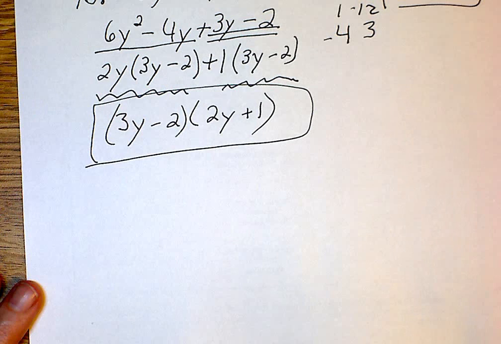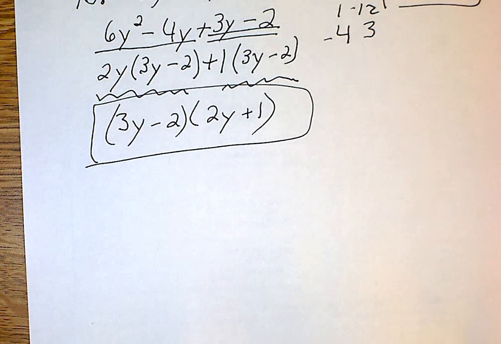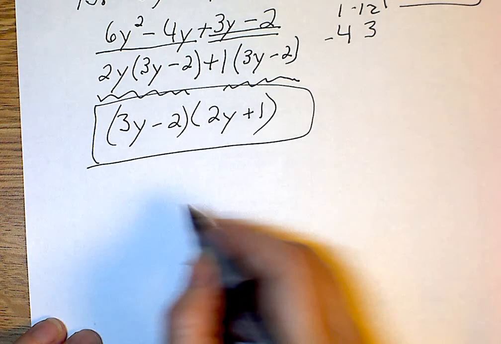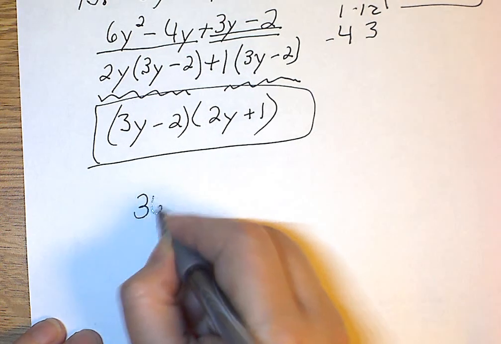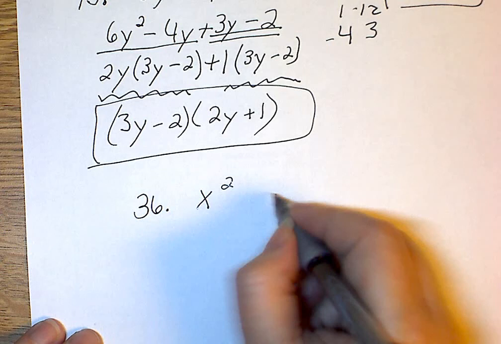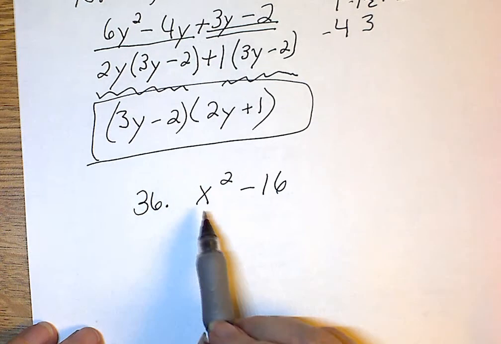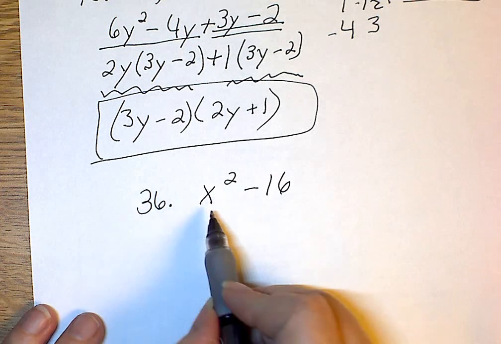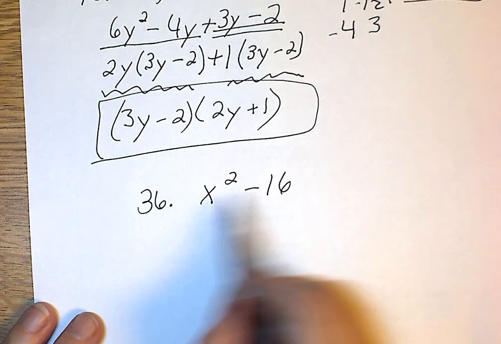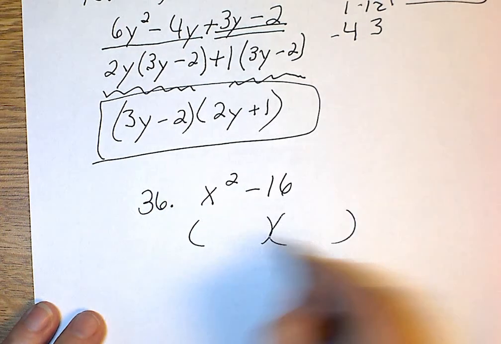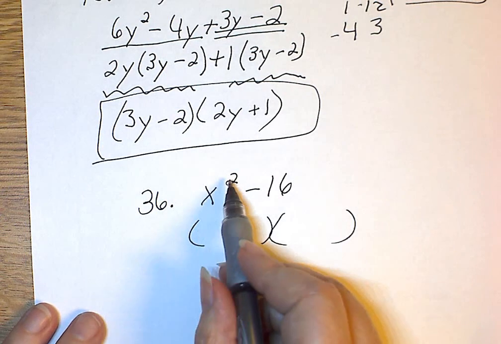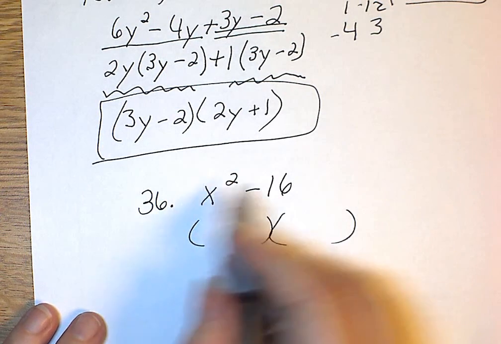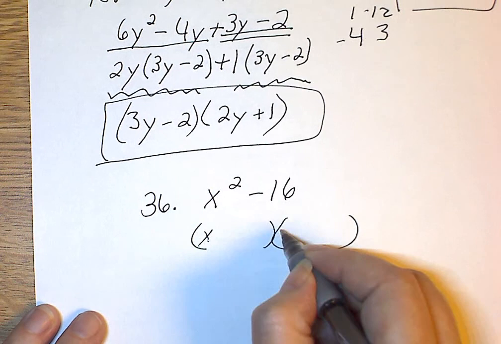Remember, ladies and gentlemen, when you go to problem 36, we've already done this in notes, but I want to remind you how we do these. You have two numbers you're looking for to multiply: x times x gives me x squared, and then you take the square root of the last term.